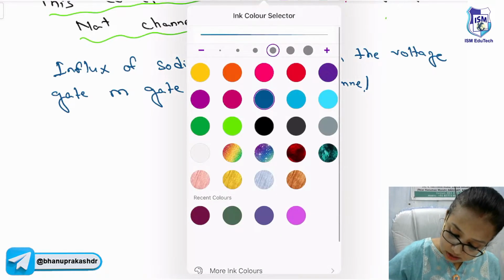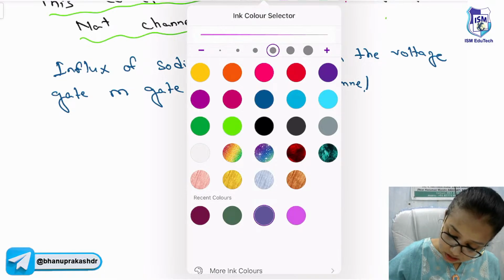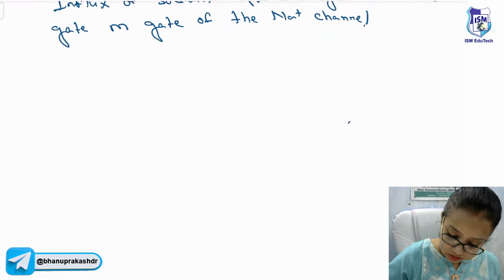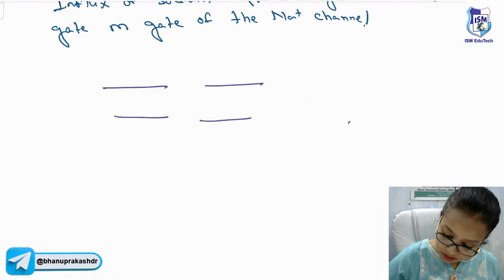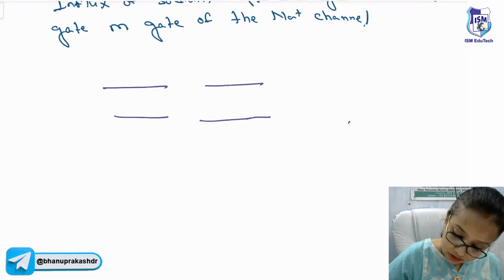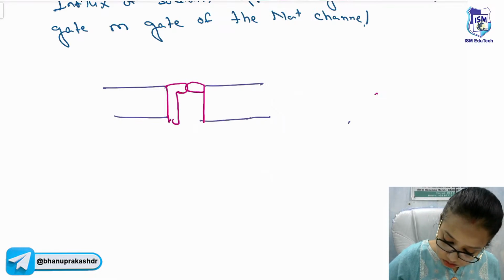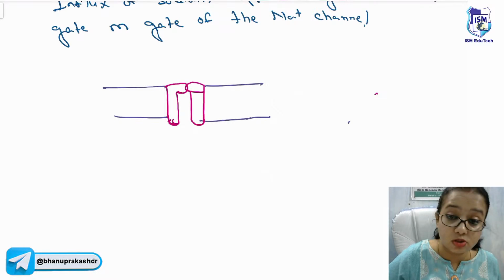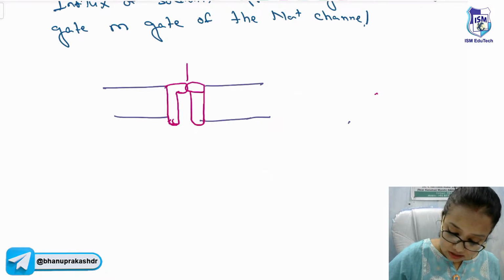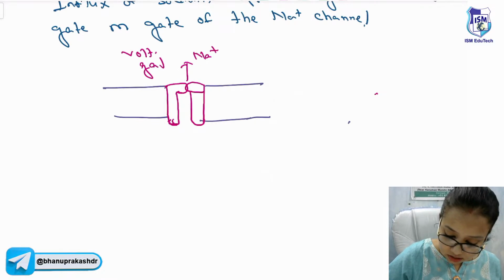So if we draw this, this is the cell membrane. I'm just drawing it short for our understanding. And this is in normal condition, how the sodium gates are. This is of course a hypothetical thing. This is the voltage gated sodium channel.